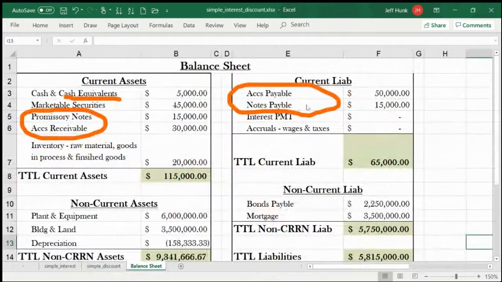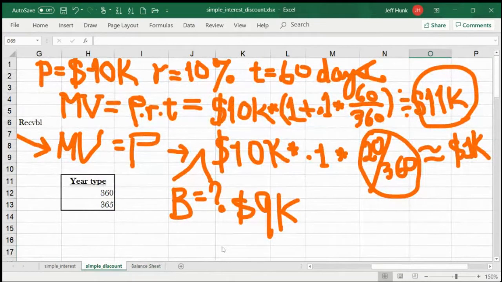Because of your accounts payable and notes payable, you need cash of at least this amount. If you don't have cash for this, then basically you are defaulting on your payment obligations. And if this piles up, that's bankruptcy, right?